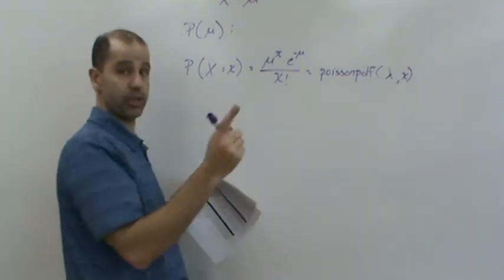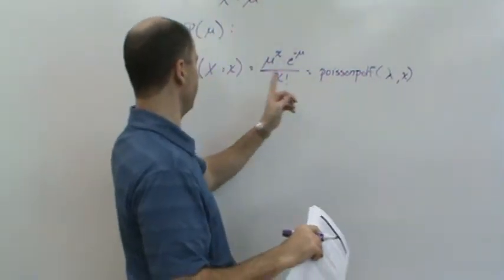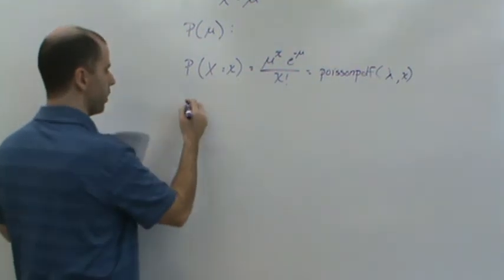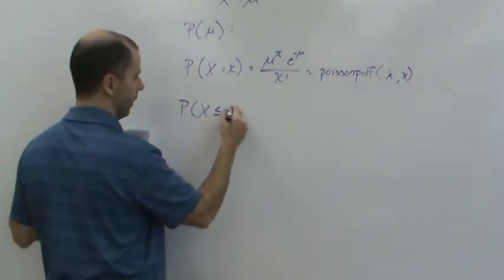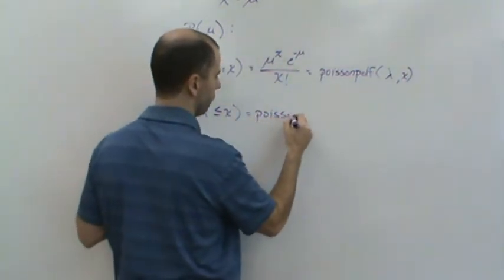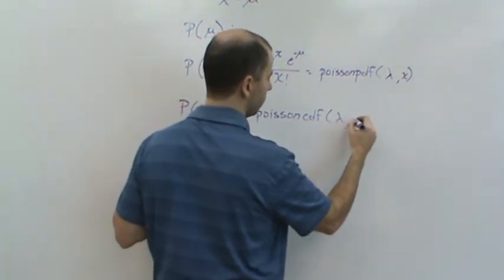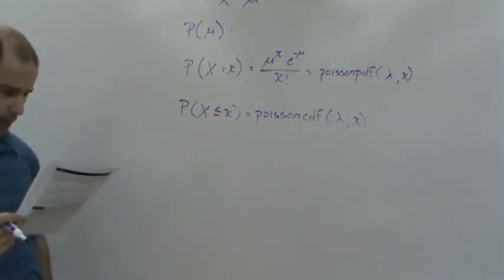So in the problem that we just did, it was 2 loaves. And then you need to put in the x value, whatever this x value is, and then hit enter. Now for the CDF function, you're going to get this being less than or equal to some value. Okay? So this is going to be Poisson CDF lambda, x. Okay?